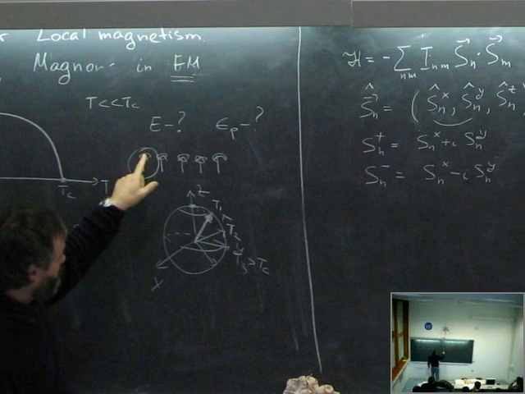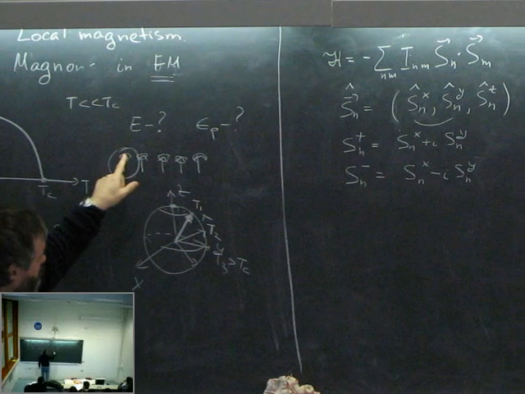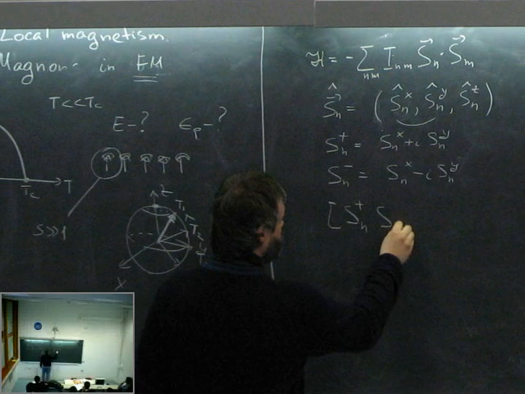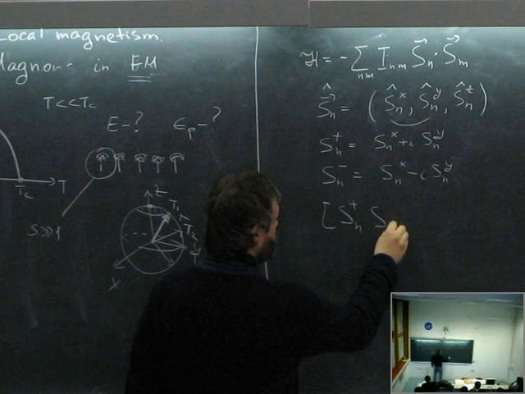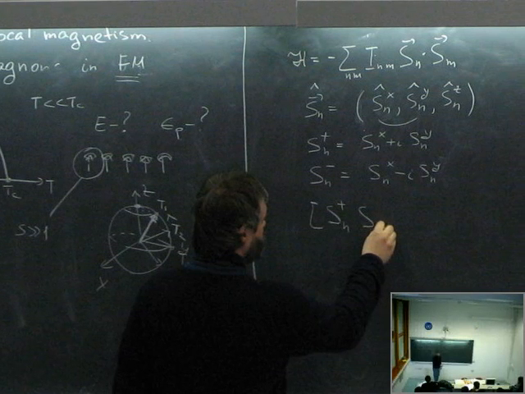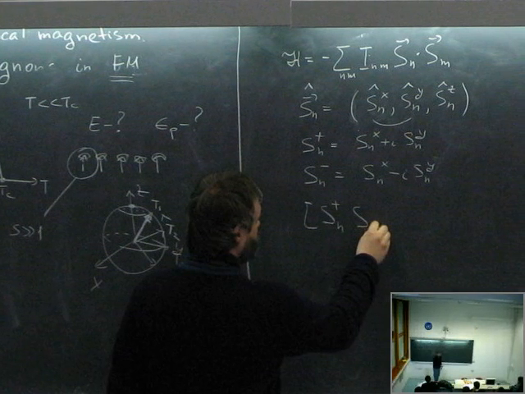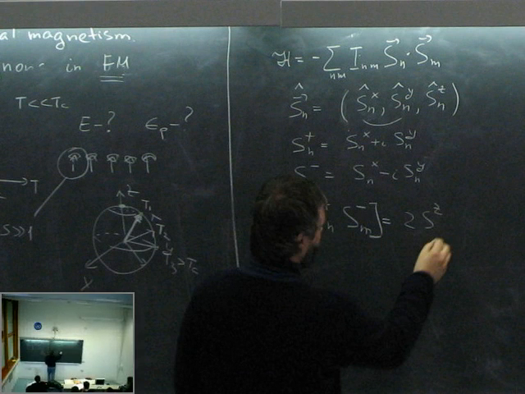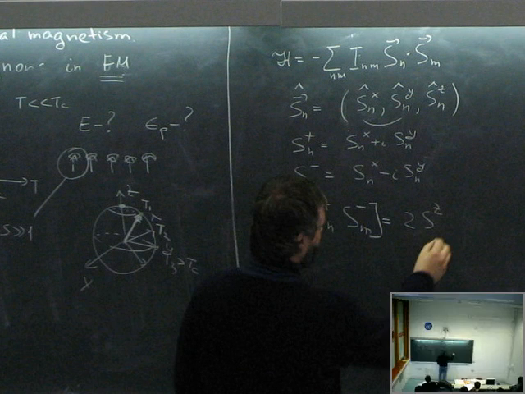You remember that spin algebra says that the commutator of S n plus and S n minus is equal to 2 times S z, with a delta for different sites.